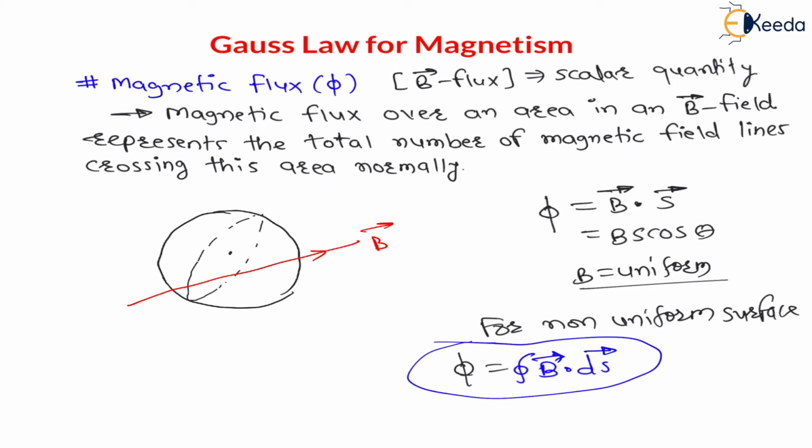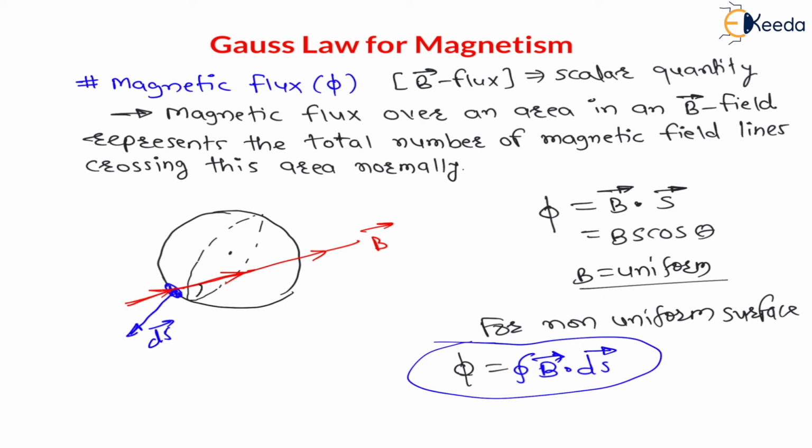Now see, during entry, if I check a very small surface area here, for a spherical surface the area vector is outside, perpendicular to the surface. Therefore here the very small area vector will be like this, dS, and here the field is going like this, which means at this location the field is entering into the surface.